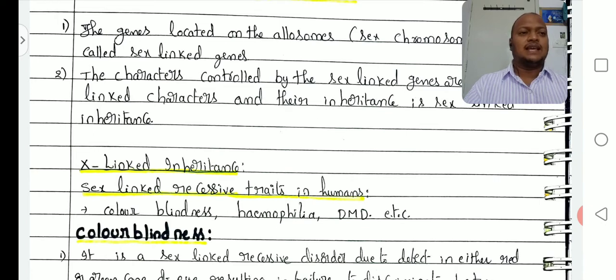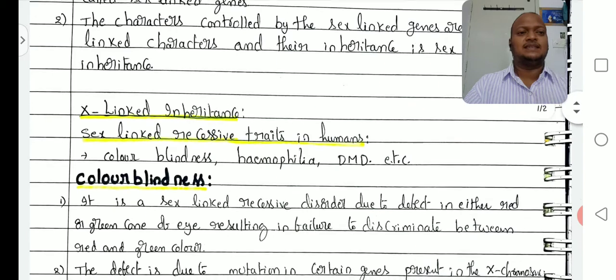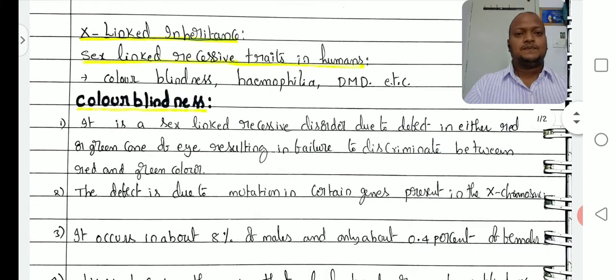What are the examples? Color blindness, hemophilia, DMD, Duchenne muscular dystrophy. So first one is color blindness.